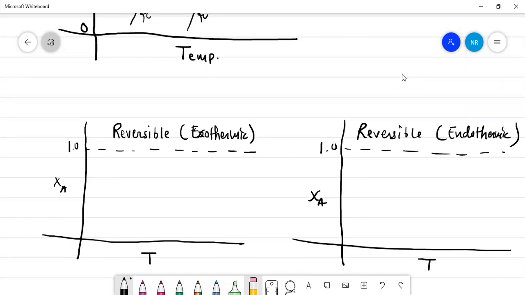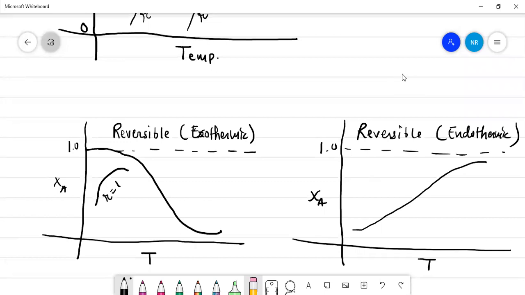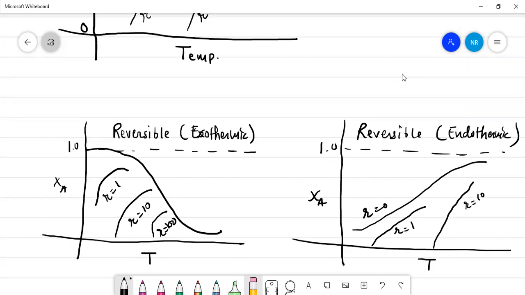If it is reversible exothermic, then the graph will be like this, and if endothermic, the graph is like this. So here R is equal to 1, R is equal to 10, R is equal to 100. And for this graph, R is equal to 0, R is equal to 1, R is equal to 10, and R is equal to 100. So this type of graph will occur.